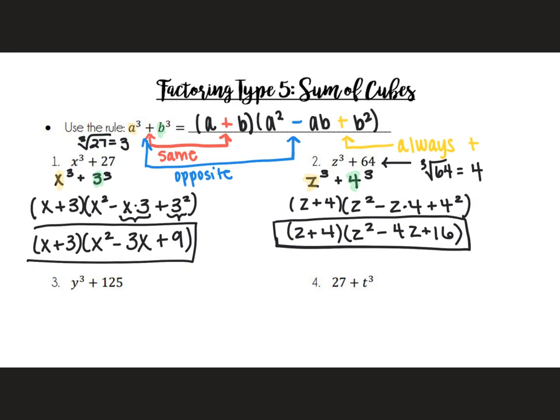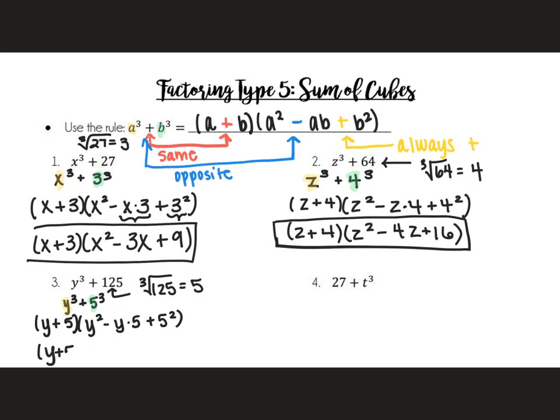Same thing on the third example. First step, rewrite this as a number cubed. The cube root of 125 is 5. So this is really y cubed plus 5 cubed. That means that y is a, 5 is b, and when I plug in, I have a plus b, a squared minus a times b plus b squared.